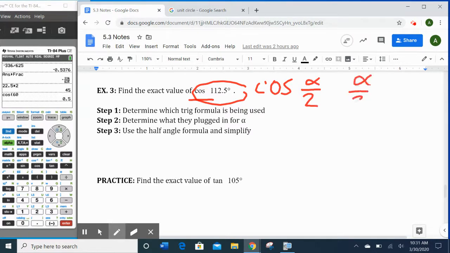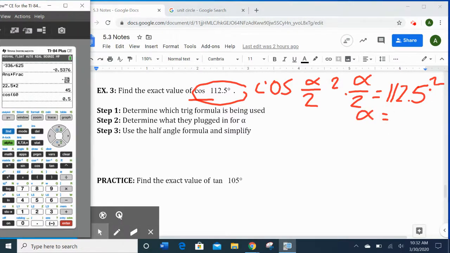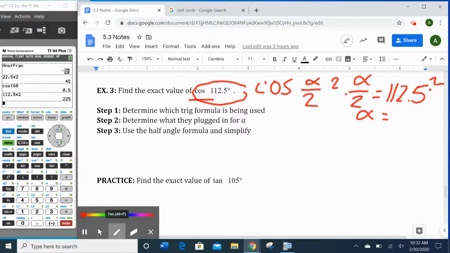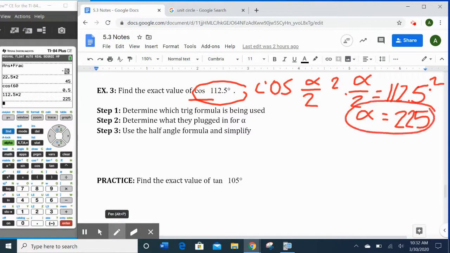So alpha over 2 is equal to 112.5. So it's not that I'm taking half of 112.5, I'm actually multiplying by 2 to find that alpha is whatever 112.5 times 2 is, which is 225. Alpha is 225, and we're using cosine.